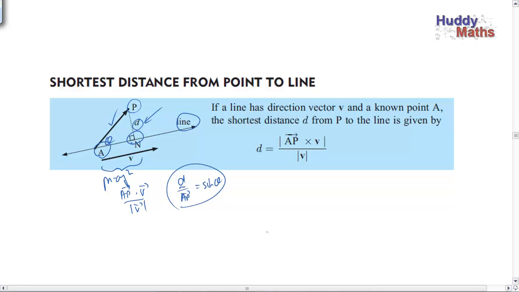Now, if the lines are parallel, the angle between them is naught, so we're going to use that. If the lines are intersecting, the angle between them is theta, so this idea here. If the lines are skew, there is still an angle that one line makes with the other if we translate one line down to intersect the other. So the angle between the original lines is defined as the angle between the intersecting lines.